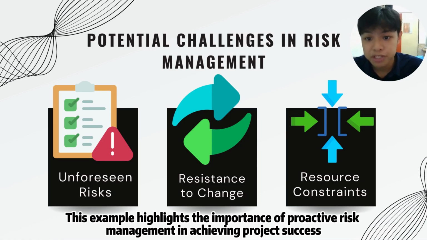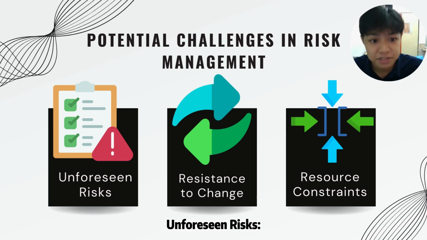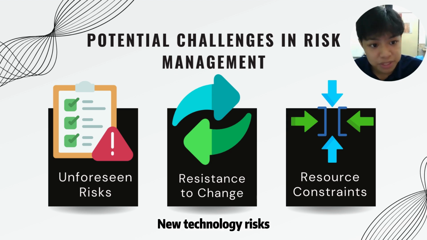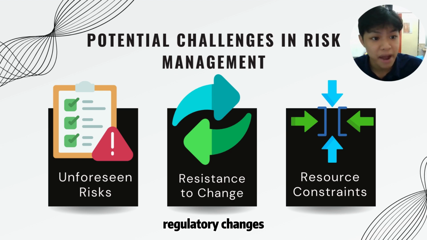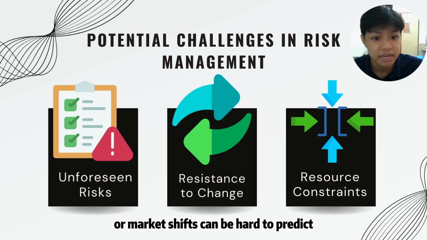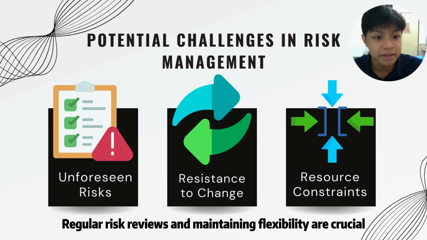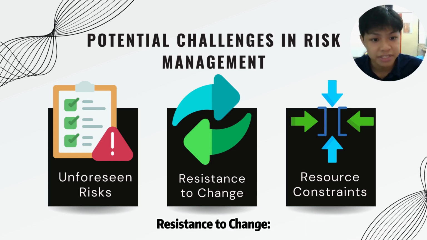But we still have potential challenges in our risk management. The first one is unforeseen risks. New technology risks, regulatory changes, or market shifts can be hard to predict. Regular risk reviews and maintaining flexibility are the answer. The second is resistance to change.